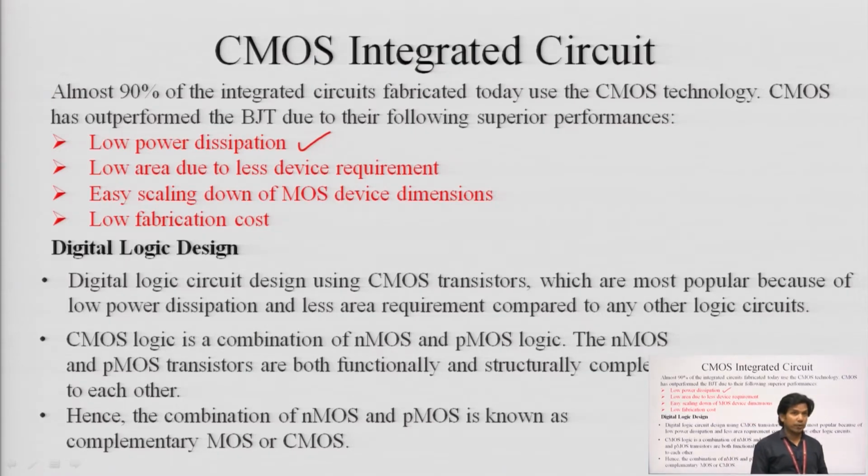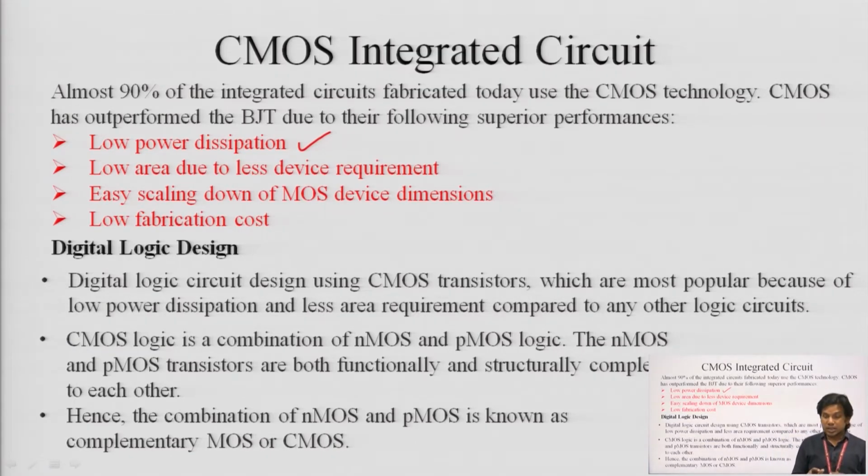Now, if we talk about the design of this logic, the digital logic circuit is designed with CMOS transistors, which are most popular because of their low power dissipation, and they require less area as compared to other logic circuits.